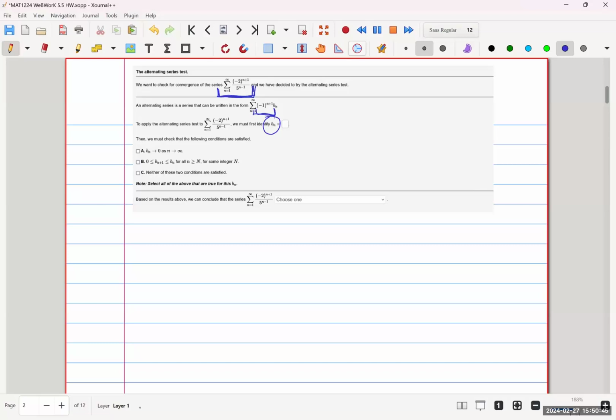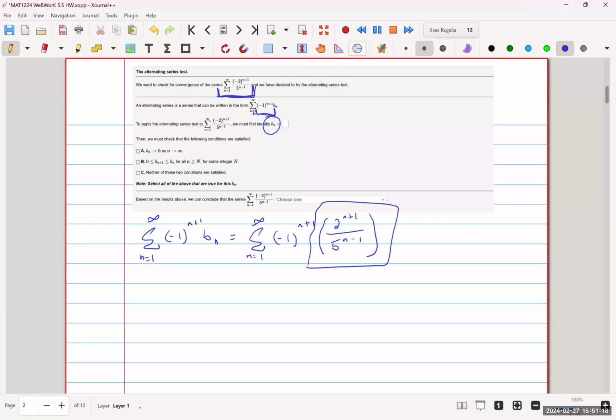So we factor out our -2 to the power of n plus 1, which gives us 2 to the power of n plus 1 over 5 to the power of n minus 1. And that's always how these questions are going to go: you're pretty much just getting rid of the negative sign. So this is our b of n.